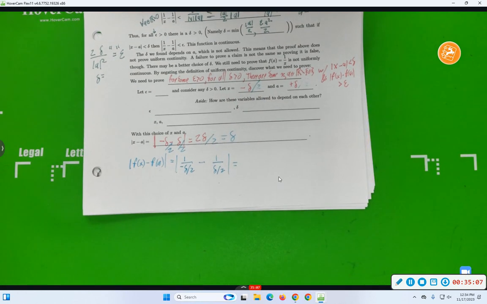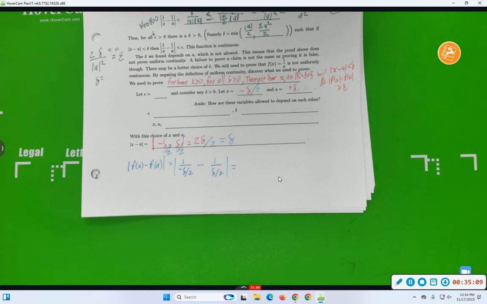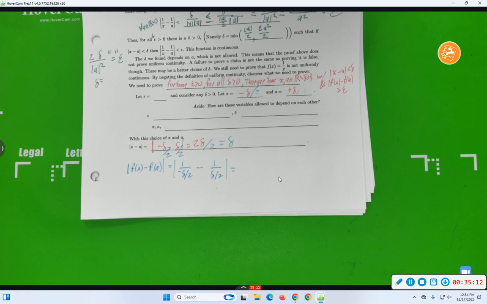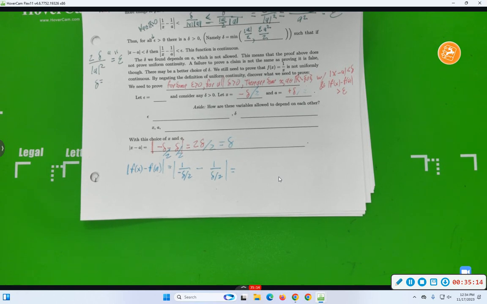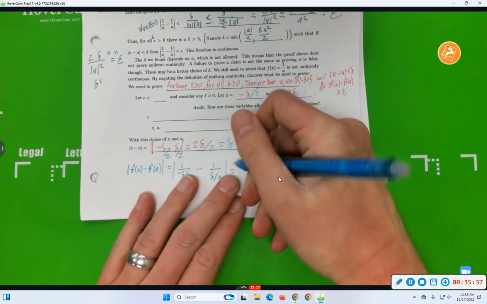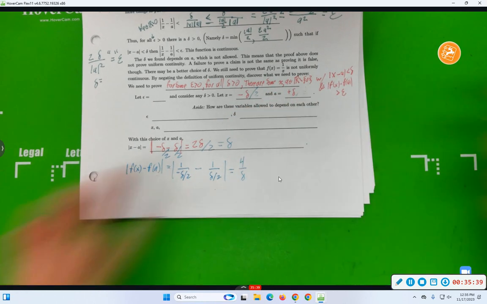And I don't feel like doing the simplifying. What is that when you simplify? Get rid of all the absolute values.